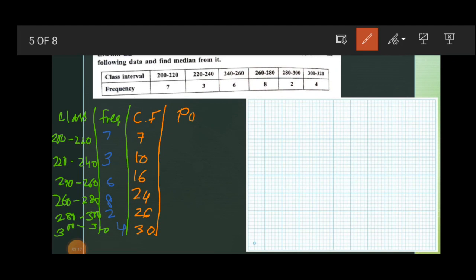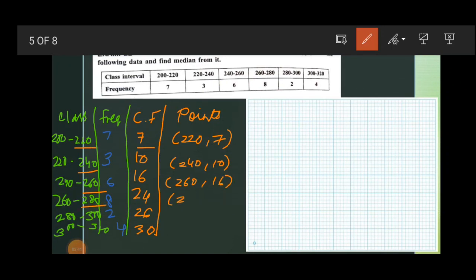So points which we plot are 220, 7, upper limit and cumulative frequency, 240, 10, 260, 16, 280, 24, 300, 26 and 320, 30.